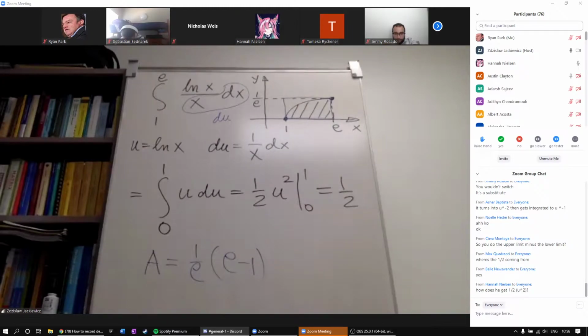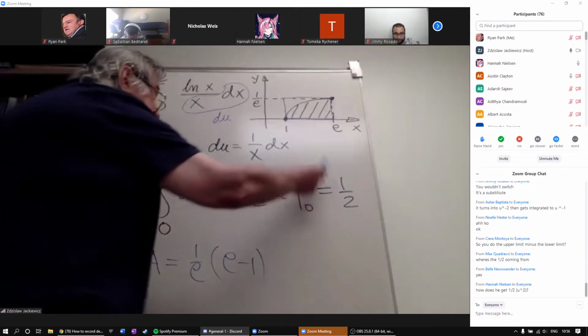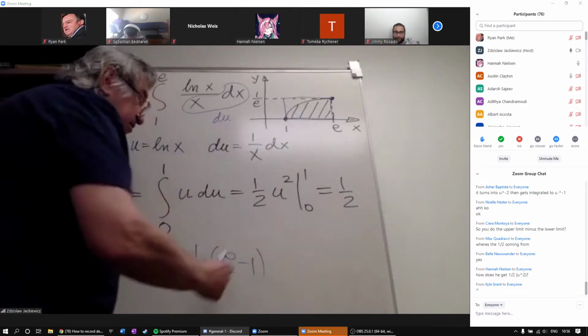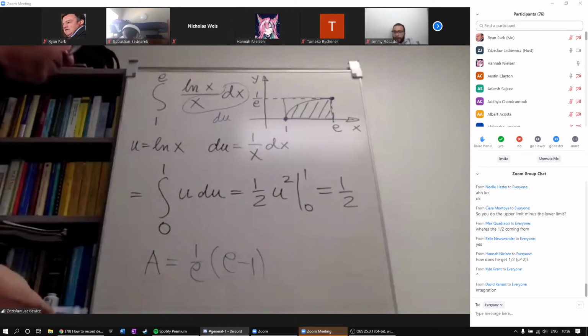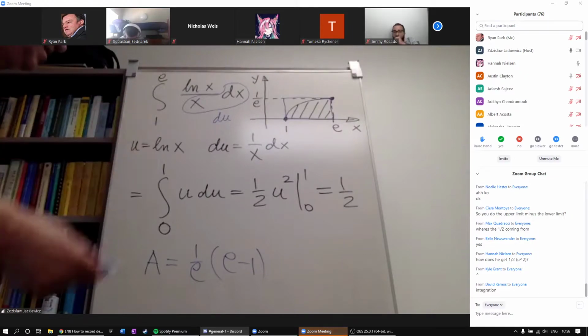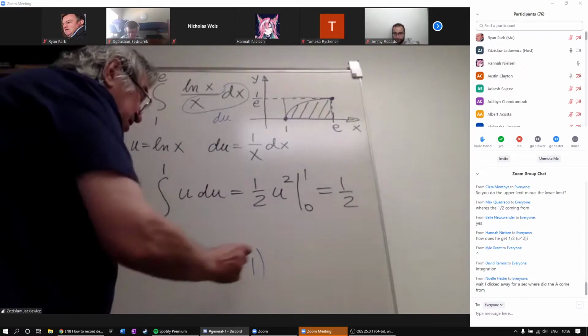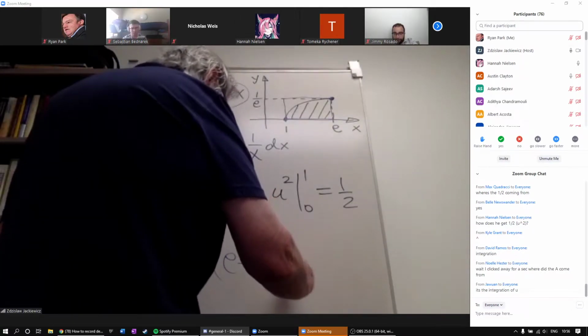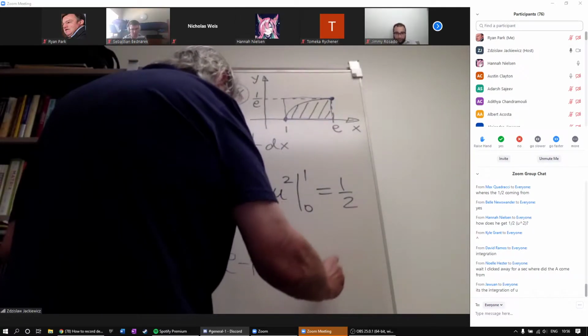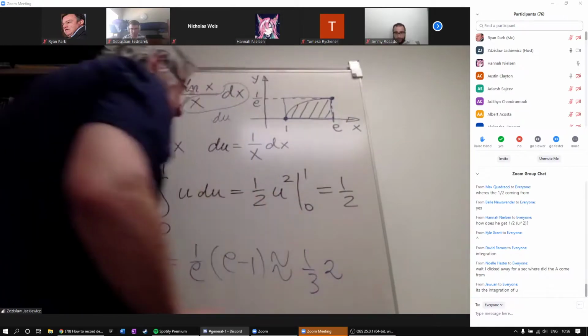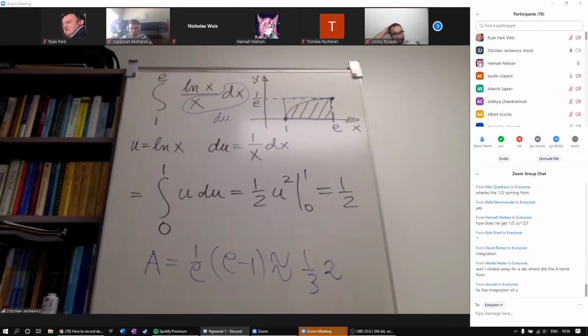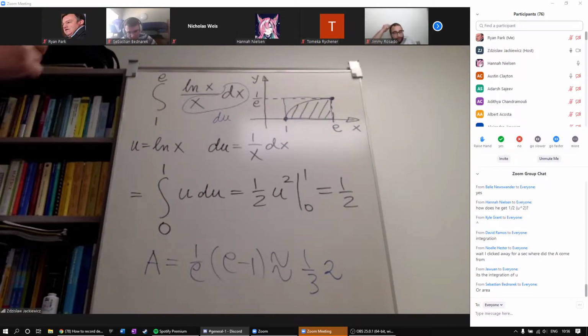You see that that's more than 1/2, so this one looks reasonable. Check it, use your calculator if you want. If you have a rough approximation, let's say if e would be 3, that would be 1 over 3 times 2. So this blue area is 2 over 3, roughly speaking.